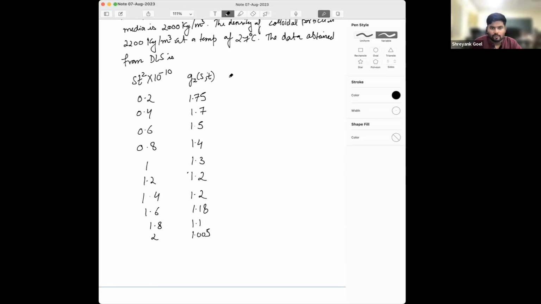So the first question is to find the diffusivity. You need to find out the diffusivity.